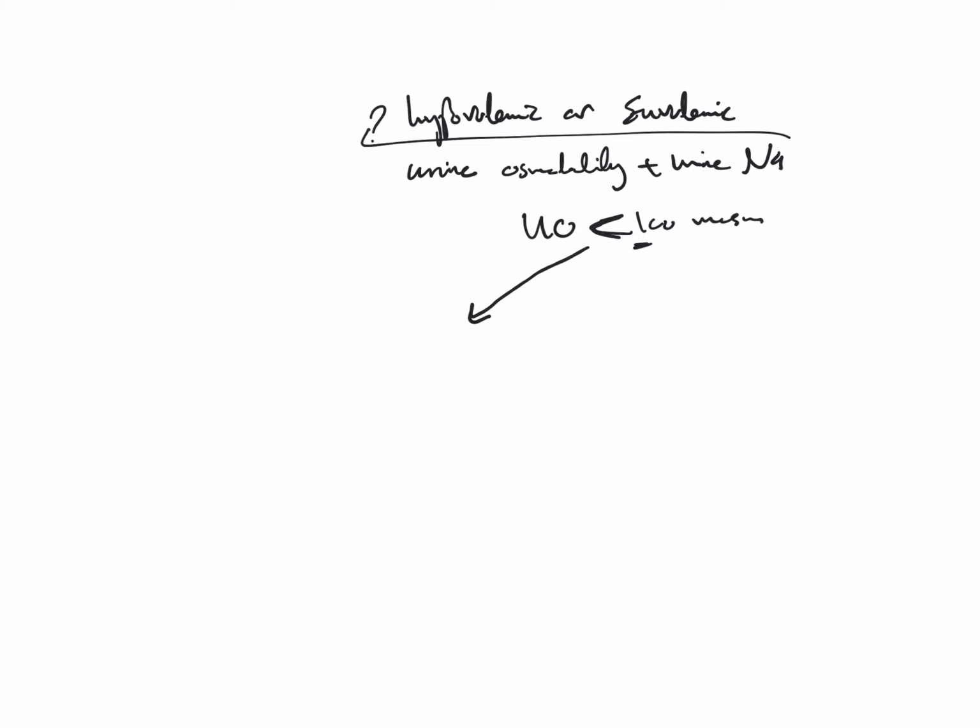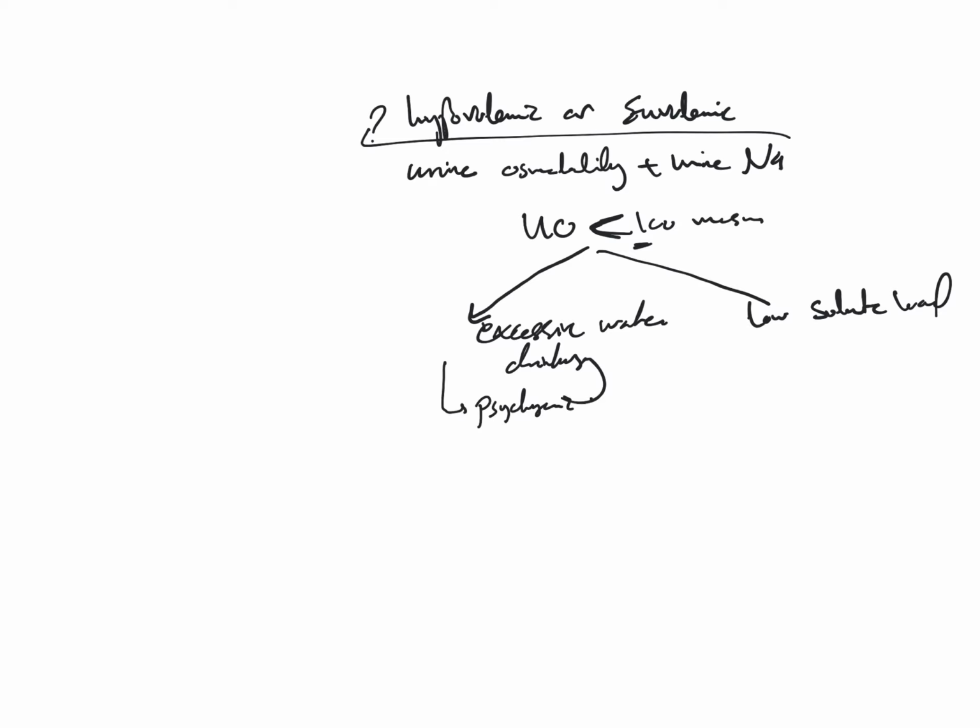This could be, as we talked, due to excessive water drinking or low solute consumption or load. Here we said this could be psychogenic polydipsia. It could also be secondary to ecstasy ingestion. And here we said tea and toast syndrome and beer potomania, and we explained why this happens in those cases.